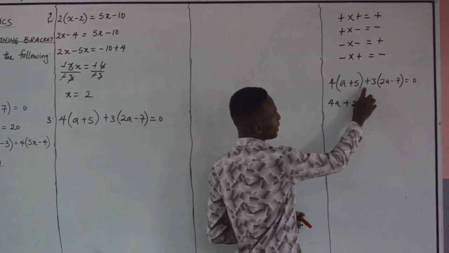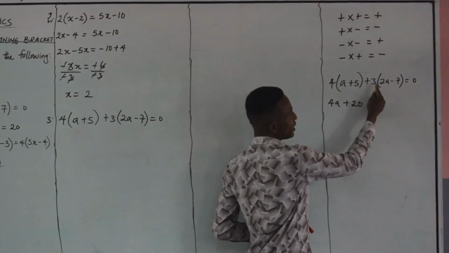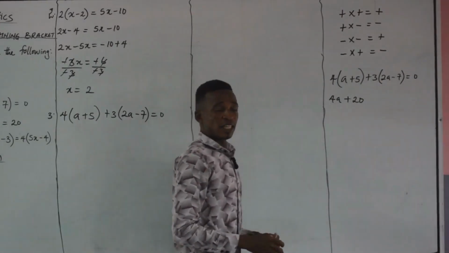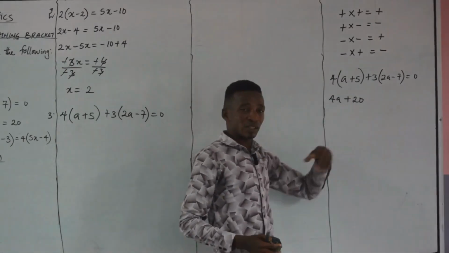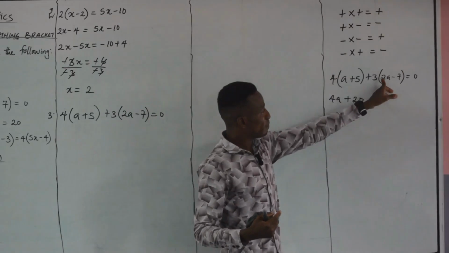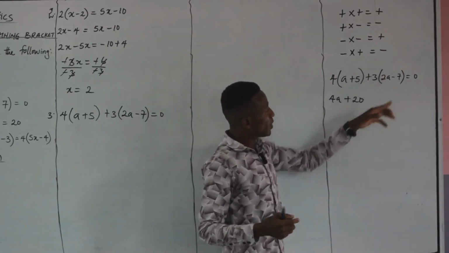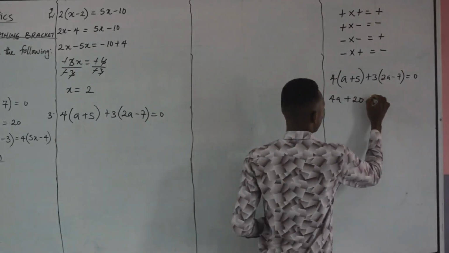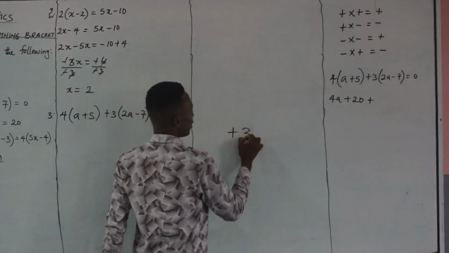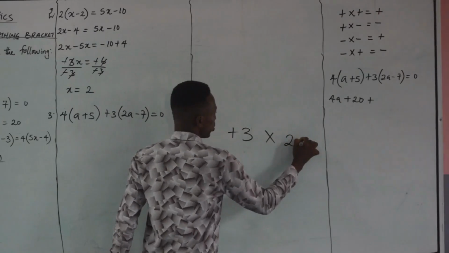For the second bracket here, in front of this 3 we have plus. The 2a here is also having invisible plus. Now since it's having invisible plus, we are not going to write it there, but you and I both know that there's a plus here. So plus times plus there gives us plus. So it's just like you're having plus 3 multiplied by 2a.